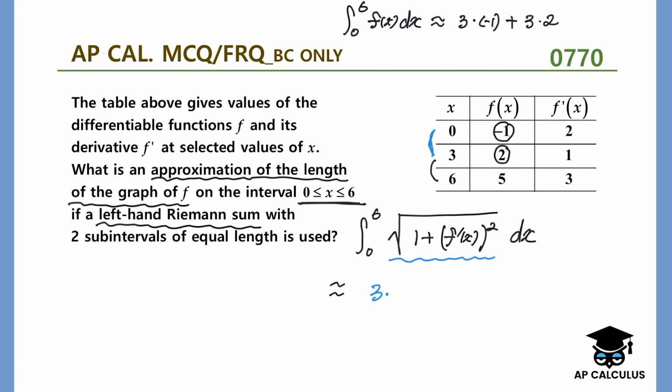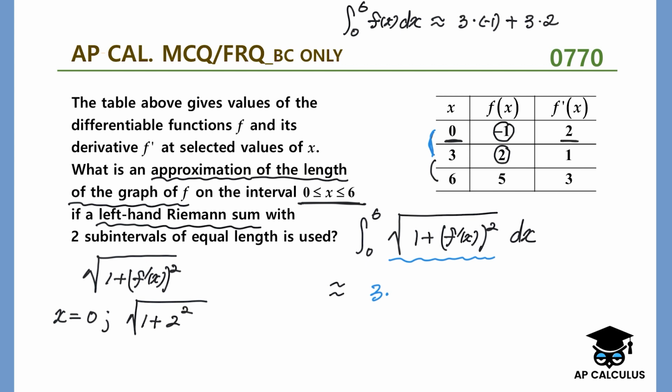So here we have the square root of 1 plus f prime of x squared, right? This is our function value. So when x is equal to 0, this value is the square root of 1 plus f prime of 0 squared. That's 2, right?